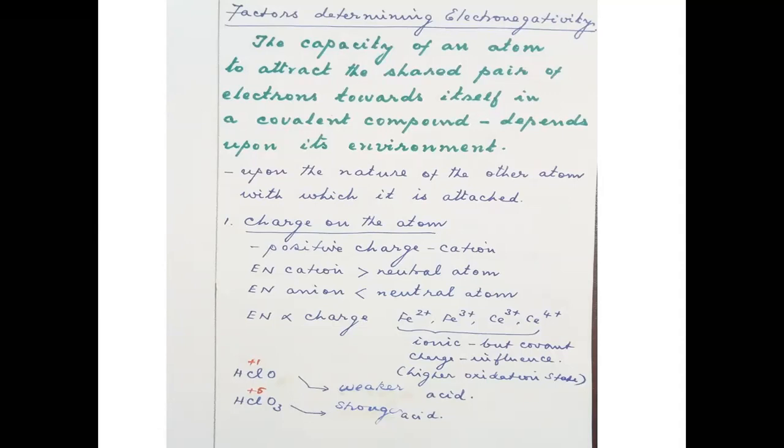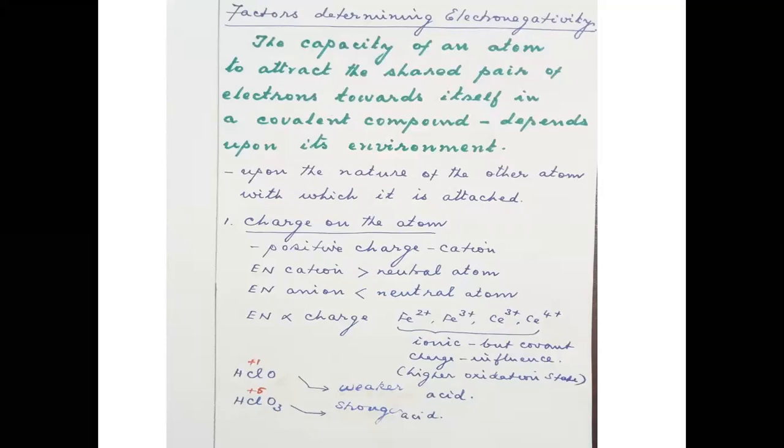But that capacity of that atom depends upon its environment. The environment can make that atom more electron deficient or electron rich, and depending upon the electron deficiency or electron sufficiency, its electronegativity will change.